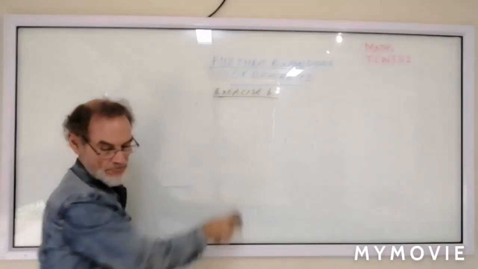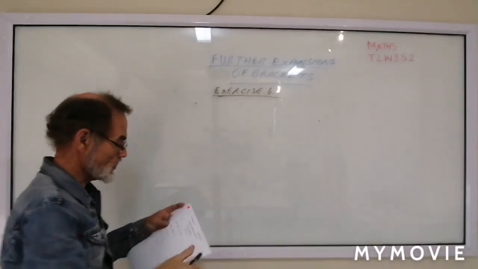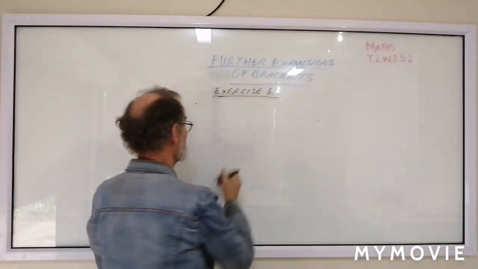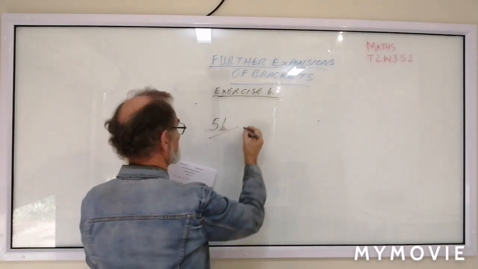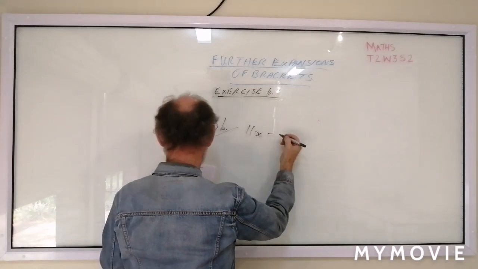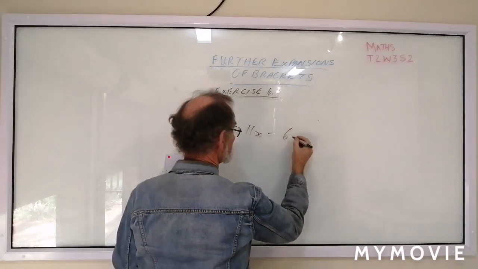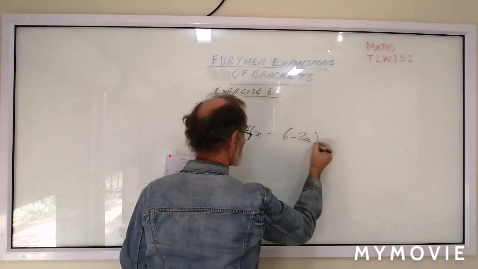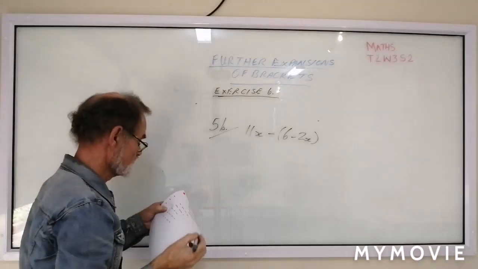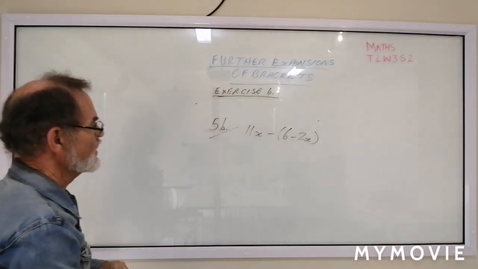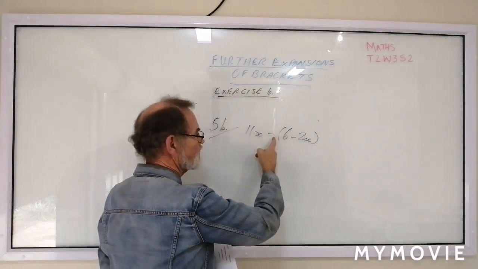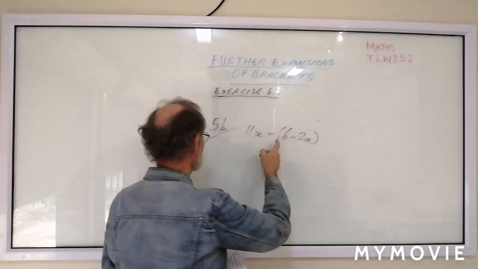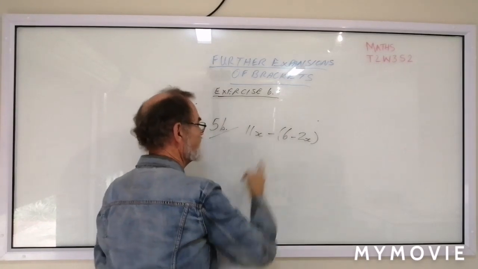That's question 4. Moving on to question 5 now. 5b is 11x minus 6 minus 2x. So what has changed? There's no number written here. Am I right? No, there is a number here. It's 1.